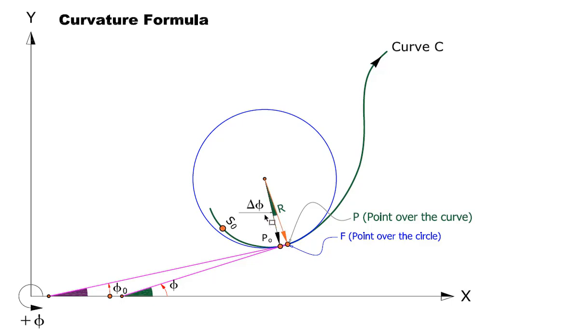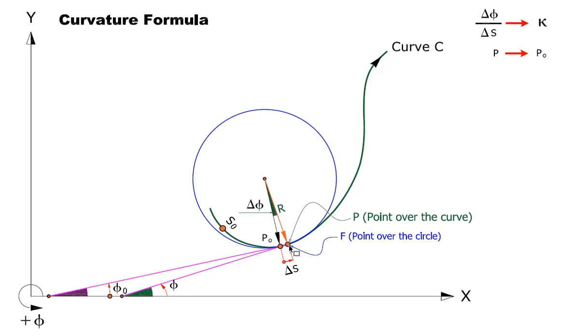So here we have 2 points, a point over the curve and a point over the circle. And we also have a central angle, a very small central angle delta phi, and a very small arc delta S. If we divide them over each other, we are going to get the approximate value of the curvature.